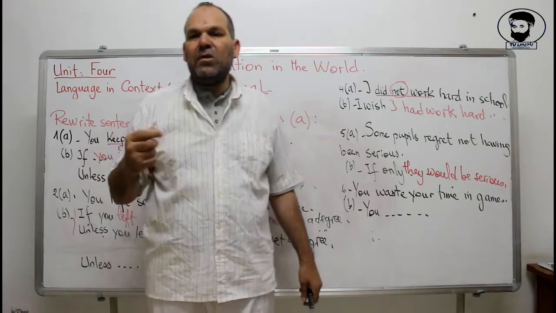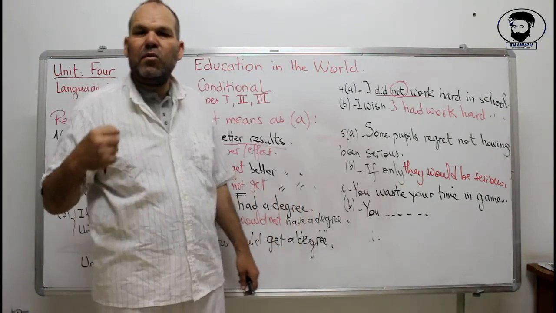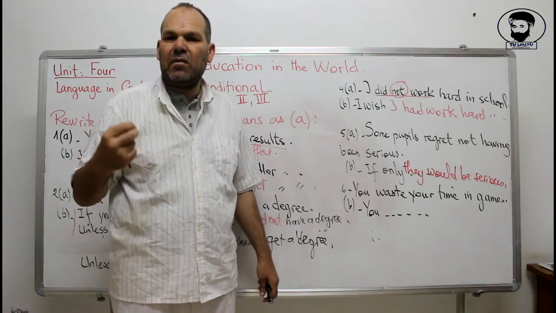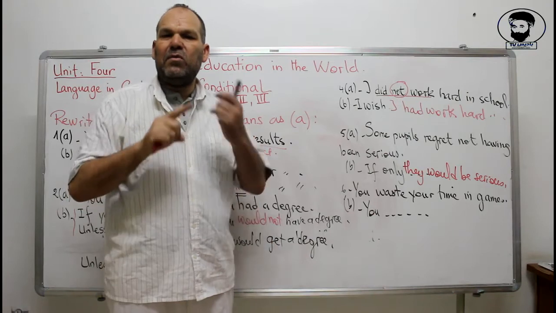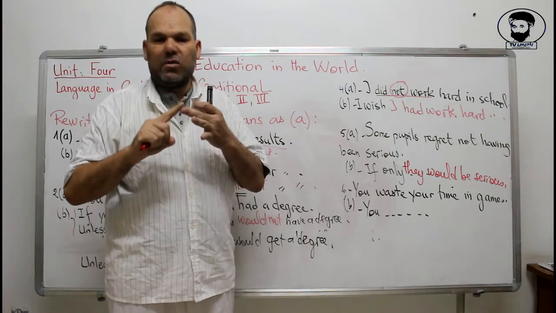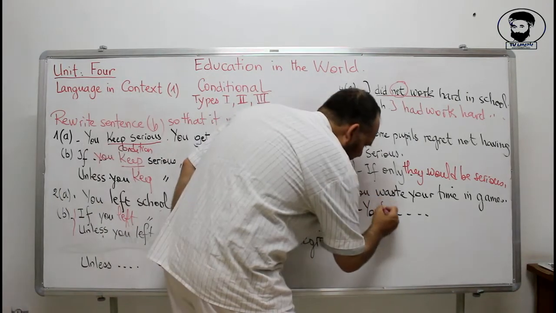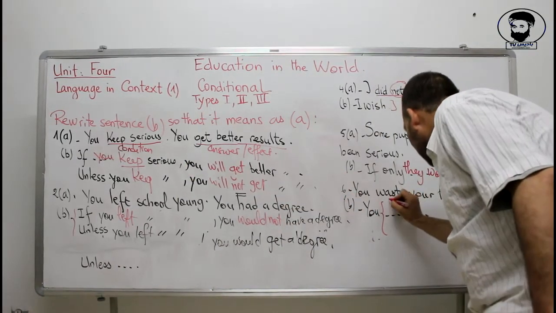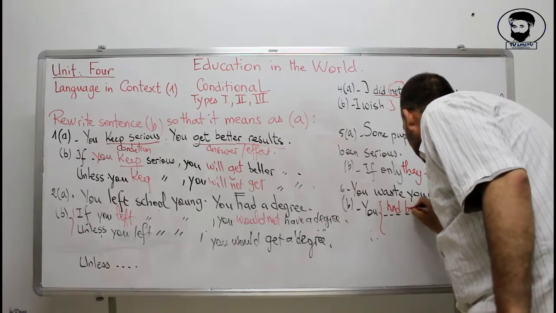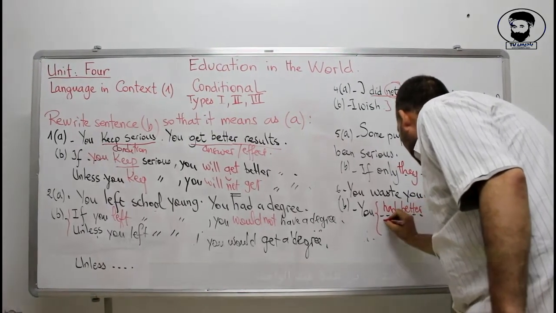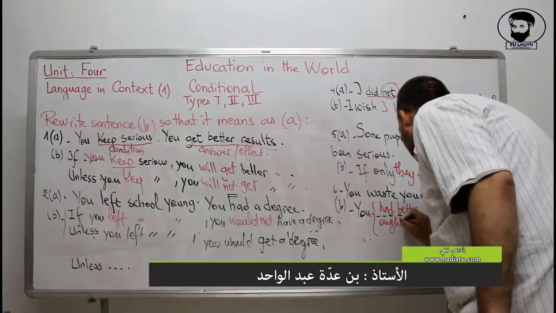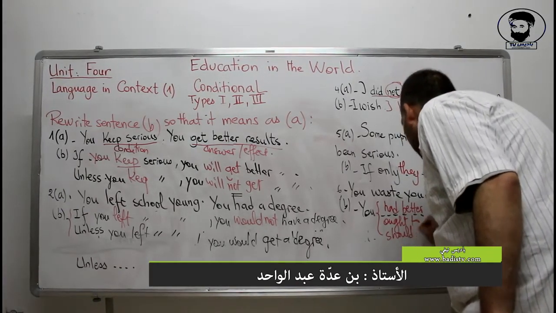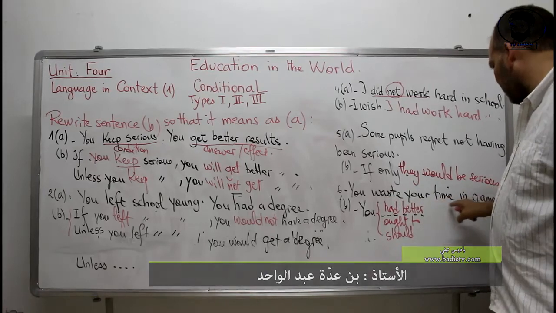Now here, when someone wastes time with games, we normally give him advice. And remember, we have seen some forms of advice using had better, should, ought to. Now let's make a list of them here and see. Look, you had better, you ought to, all are correct, and you should. Look here, you waste your time in games.